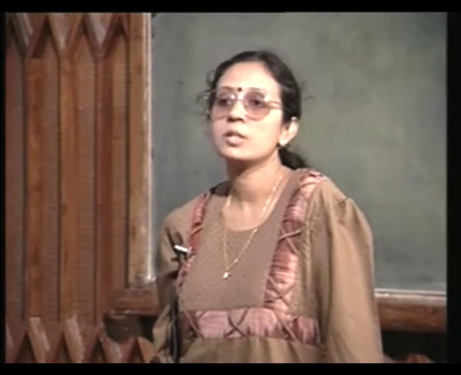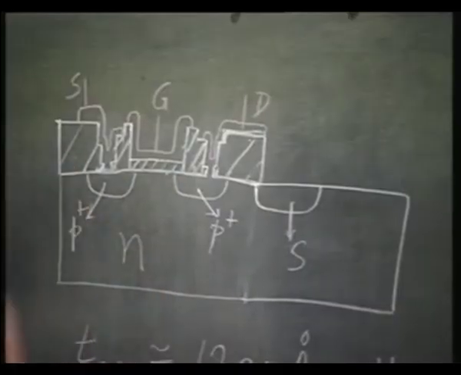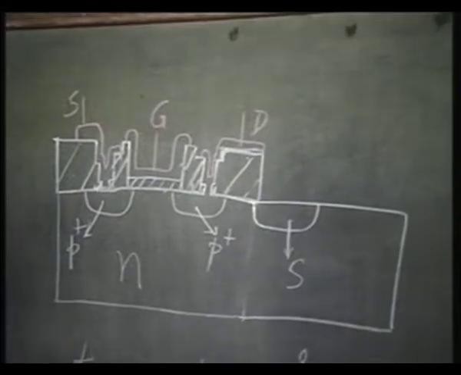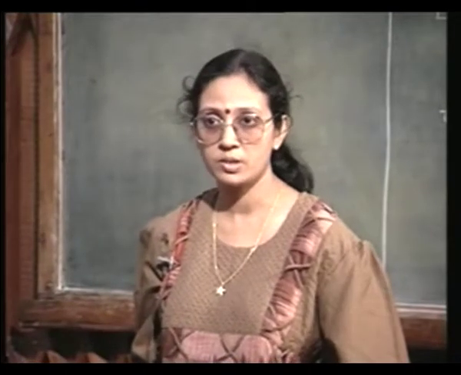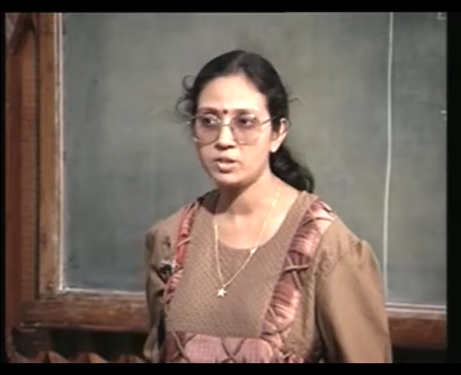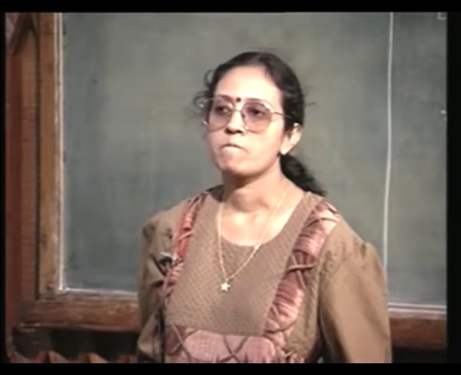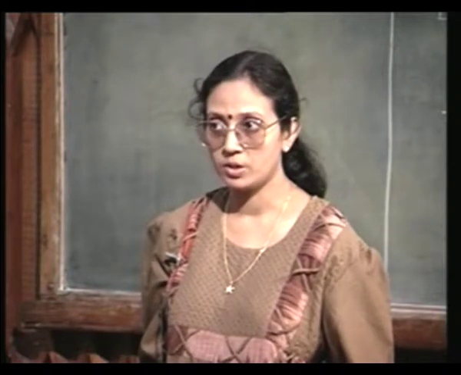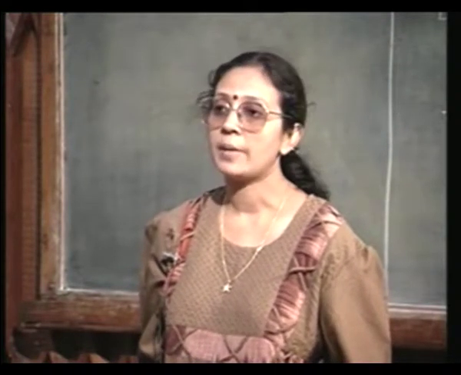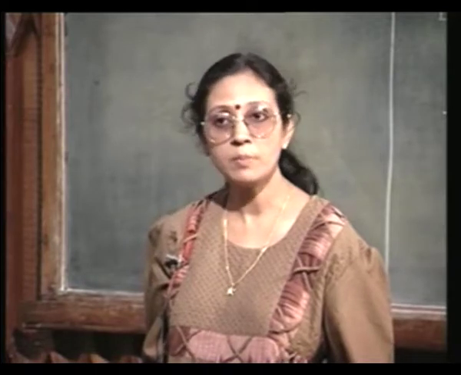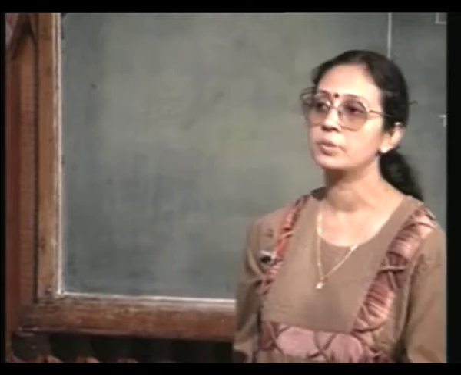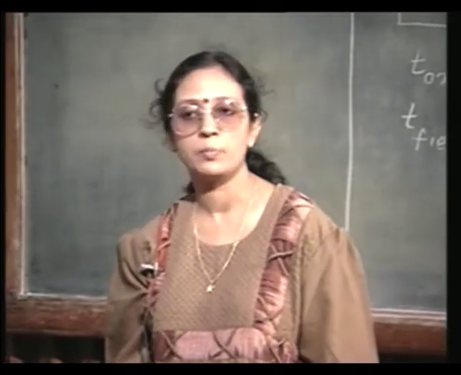You also do not need any isolation. All you have to have is this thick field oxide. You do not really have to bother so much about isolation, as in the bipolar junction transistor. So, these are the basic advantages of the MOSFET technology, and obviously the packing density of a MOSFET is going to be much higher, and the steps are also much simpler compared to the bipolar junction transistor.